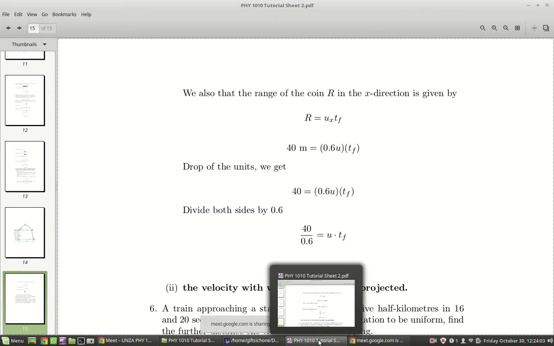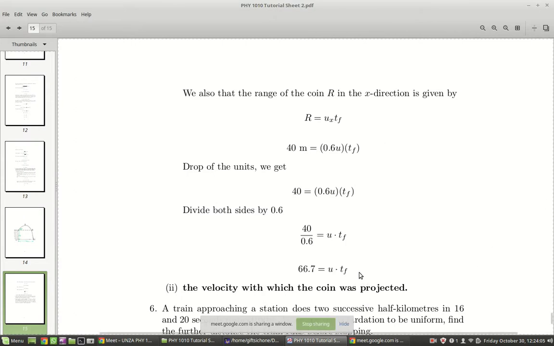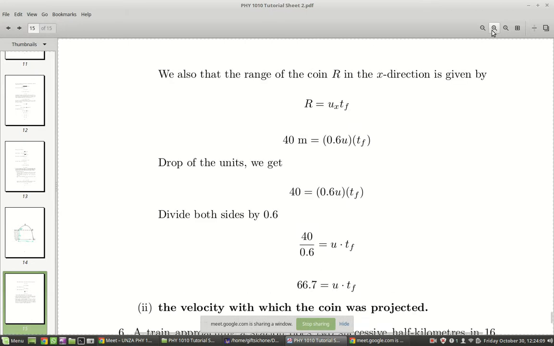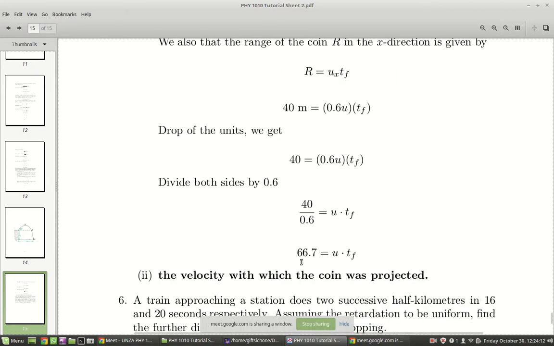So this is the information we get from the range. 66.67 is equal to U multiplied by TF. We do not know U, we do not know TF. So there are two things which we do not know, U and TF.